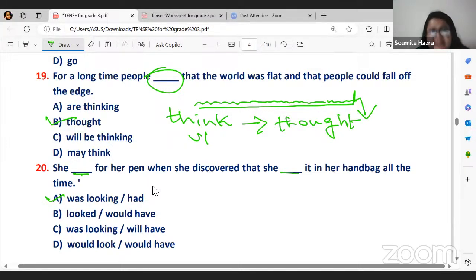So be sure that the first blank is correct and the second blank is also correct. In this case, option A is correct for both blanks. She was looking for her pen when she discovered that she had it in her handbag all the time.